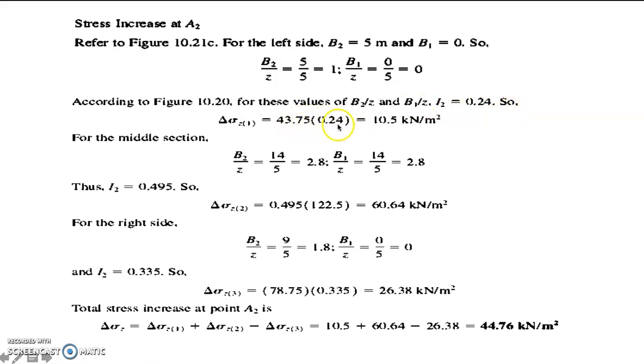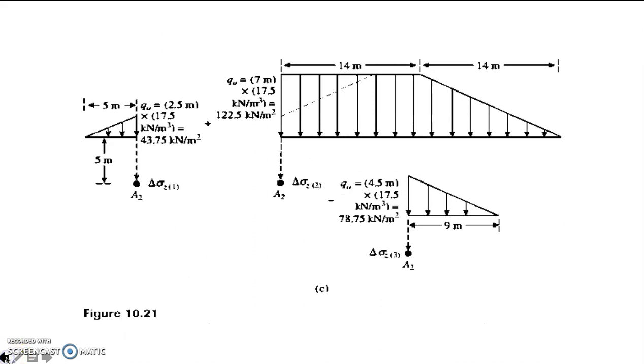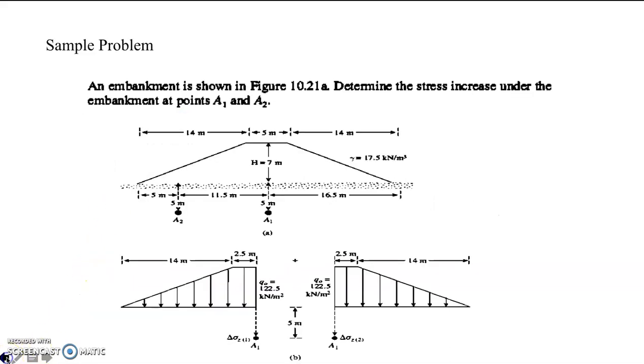And we multiply that by the value for our Q, which from this figure is 2.5 times 17.5. This is now the height, basically the height of this portion, this one.